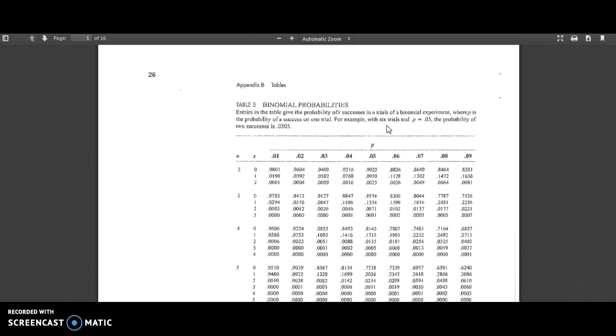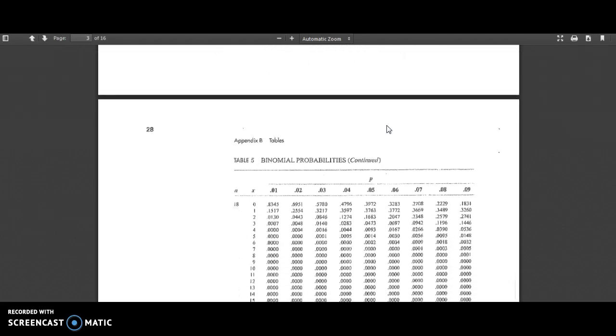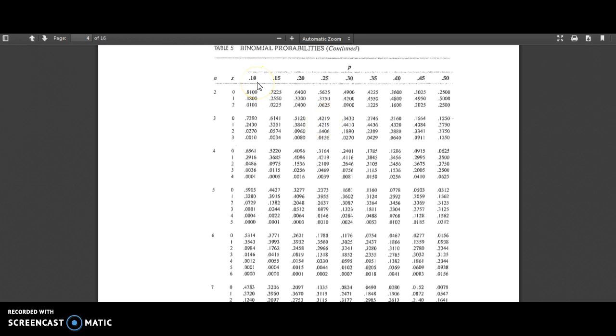But for example, if you have a binomial problem with a constant probability of, say, 10%, and the sample size is 5, those are your probabilities for all values of x from 0 to 5. Then the question may ask, what's the probability of exactly 2? 0.0729. What's the probability of less than 2?